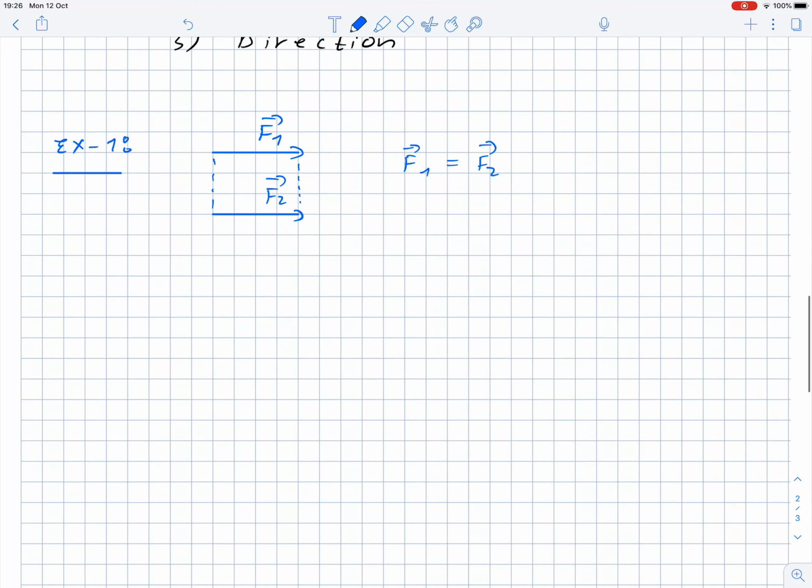Second example. Let's assume that we have vector F1, whose direction is from left to right, and the second vector F2, which is downwards. Those two vectors have the same type, okay. They have the same magnitude, the same length.